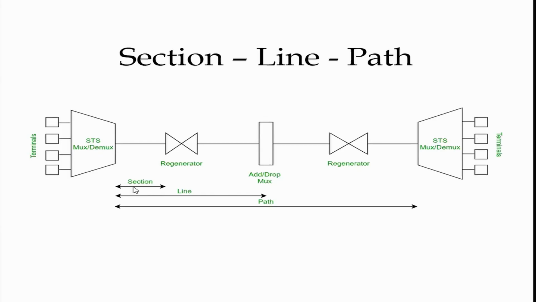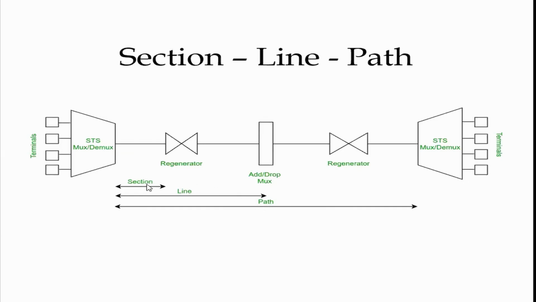So in this, section, line, and path are defined. What is a section? The units that are present between the transmitter side and the regenerator are called a section. Between the add drop multiplexer and the transmitter unit, it is called a line. And the units that are included between transmitter and receiver are called a path.